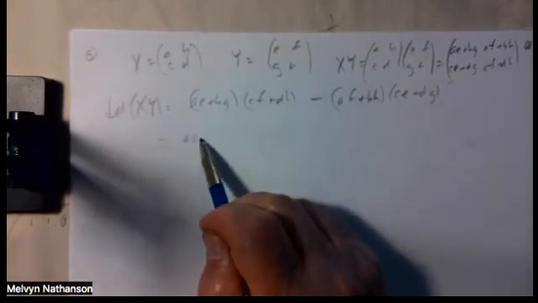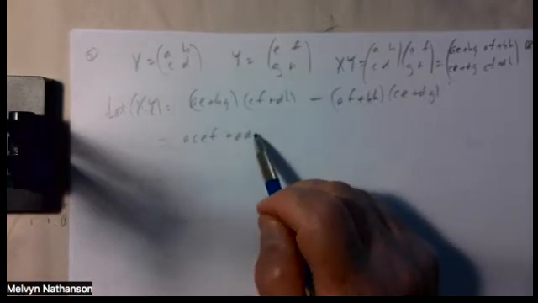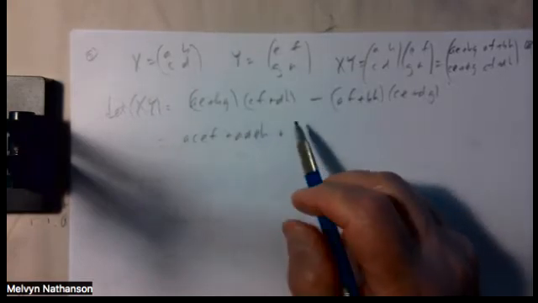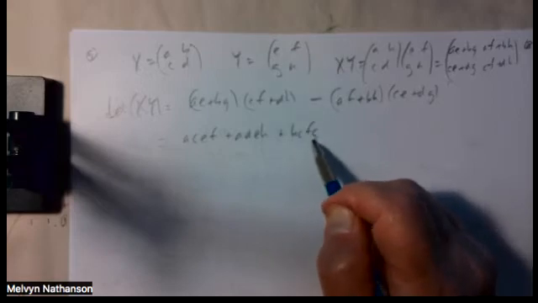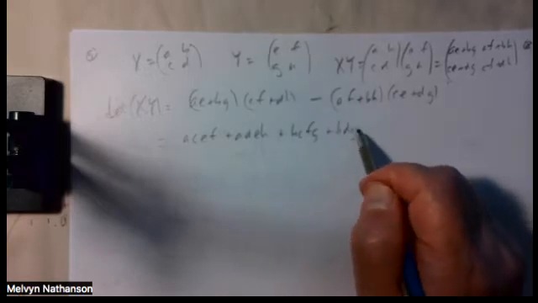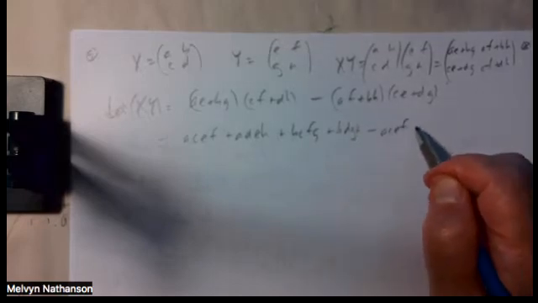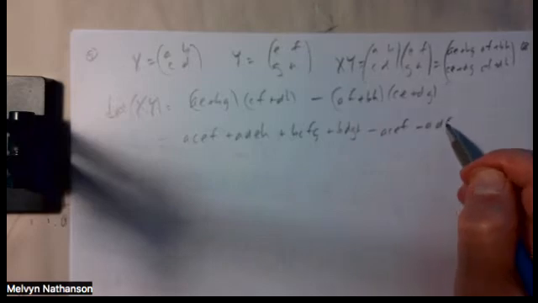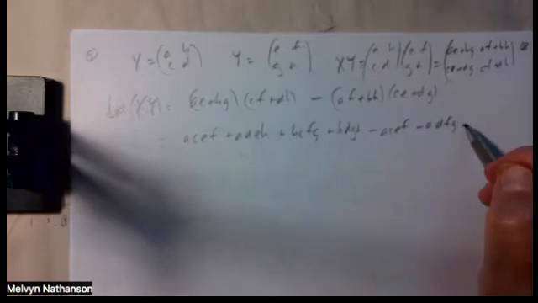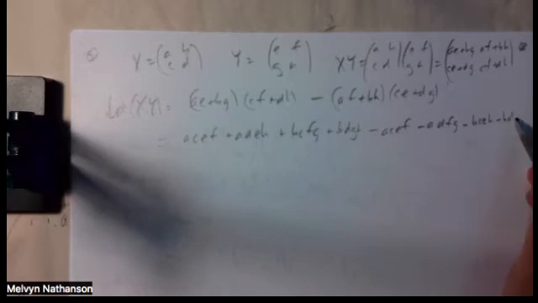I get ACEF plus ADEH plus BCFG plus BDGH minus ACEF minus ADFG minus BCEH minus BDGH.